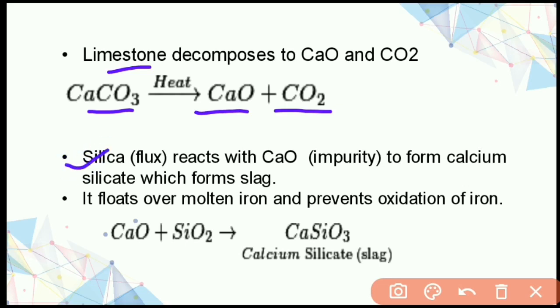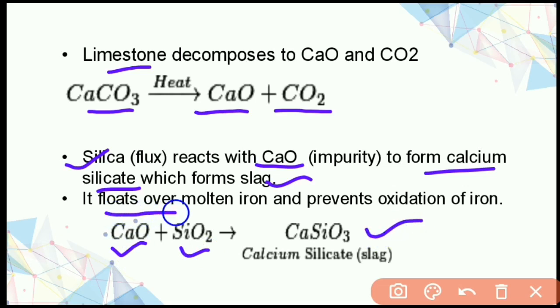Silica reacts with calcium oxide to form calcium silicate, which forms slag. So in the form of slag, we can remove the impurity from the ore of iron. Calcium oxide is a gangue combined with flux silicon oxide and forms calcium silicate as slag, and it floats over the molten iron and prevents the oxidation of iron.